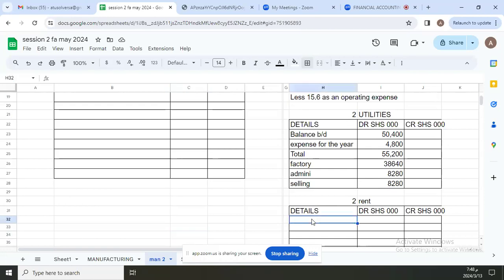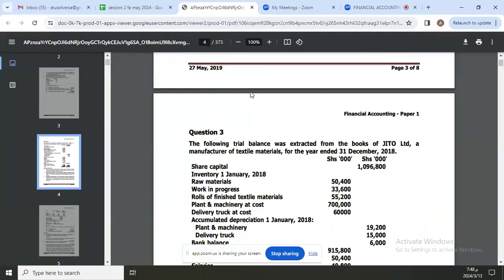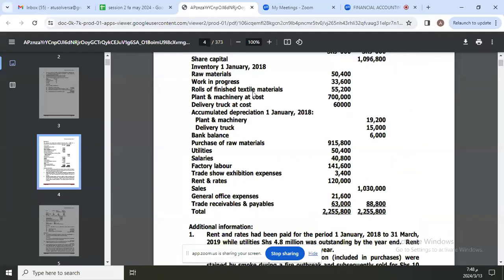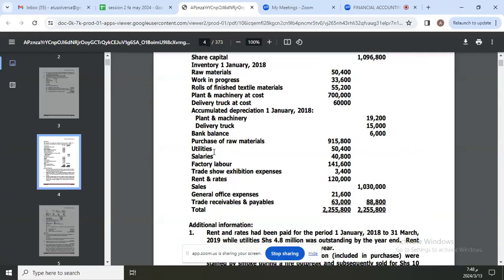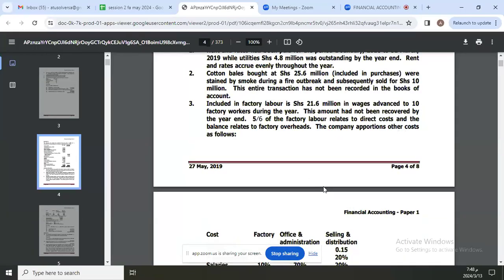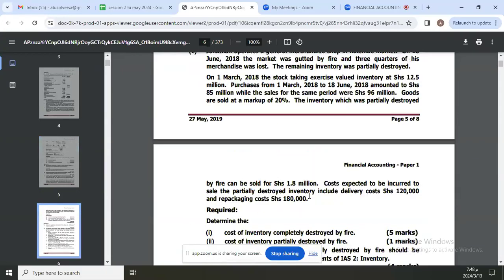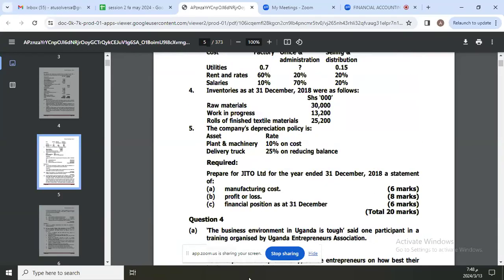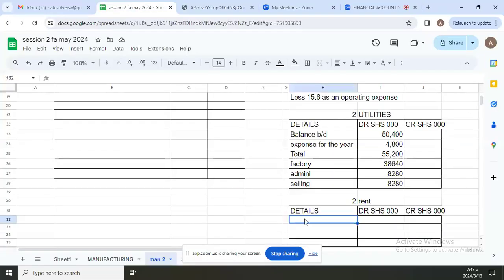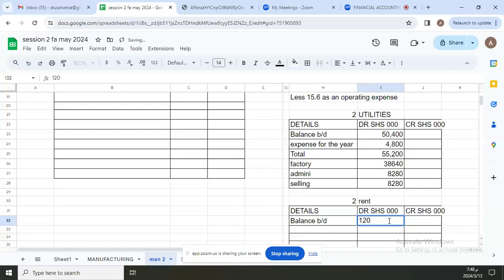So we go on rent. When you check our rent, opening balance, so rent, what is rent? 120,000. So rent is an expense, whereby we come here, we say balance brought down 120,000.